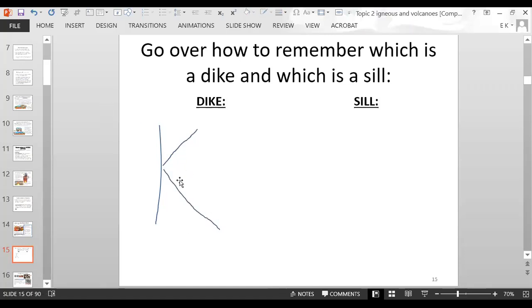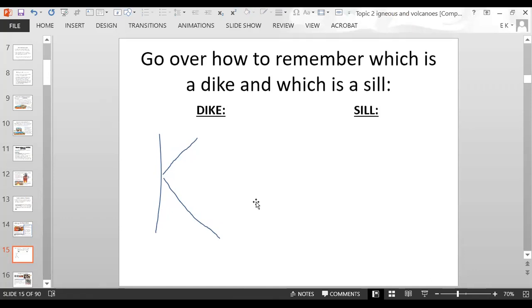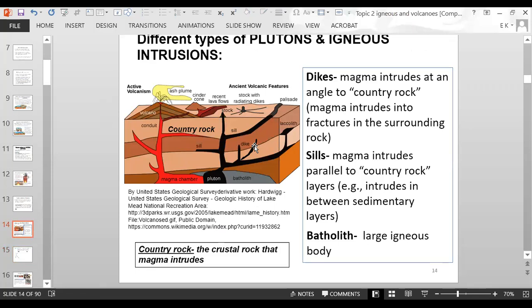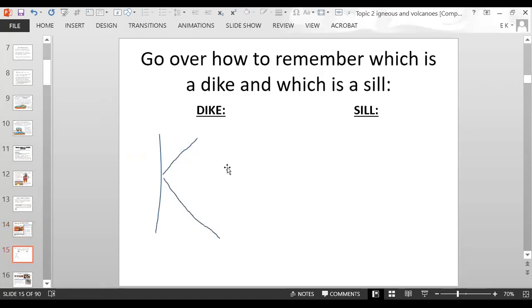So this is going vertically, this part of the K is on an angle, this part of the K is on an angle. So the letter K represents similarly how a dike will look here, right? It goes on an angle, this part's going up and down. You kind of see that? So that's how you could remember the word dike is igneous intrusions that go at an angle.